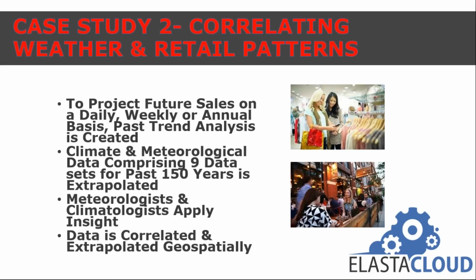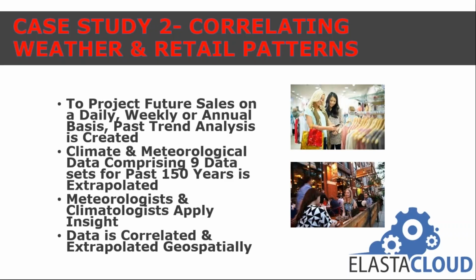Okay, and then lastly, we've been working with retailers, helping them to project future sales on a daily, weekly, annual basis, by looking at past trend analysis. Then what we've taken is climate and meteorological data comprising 9 different data sets going back over the last 150 years.